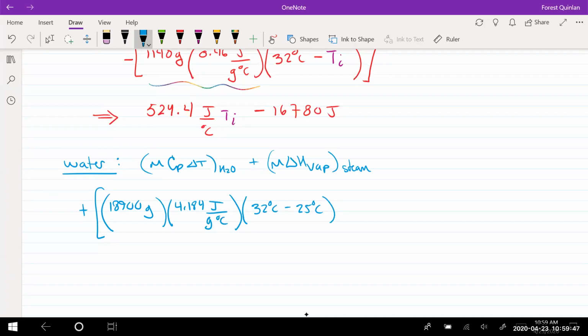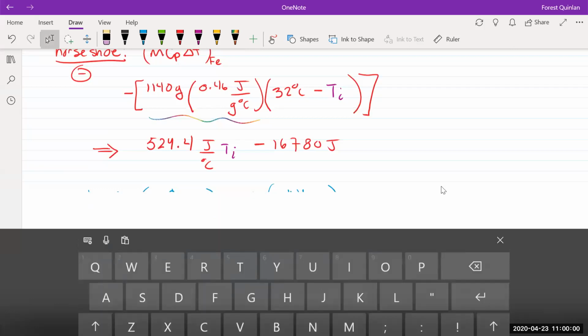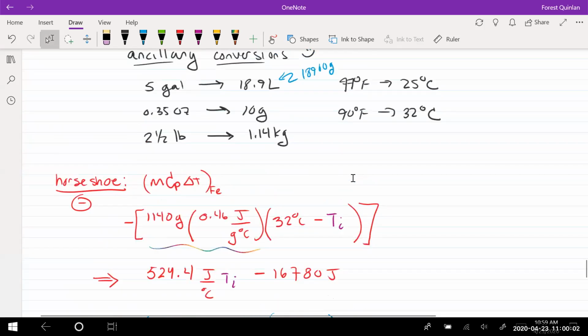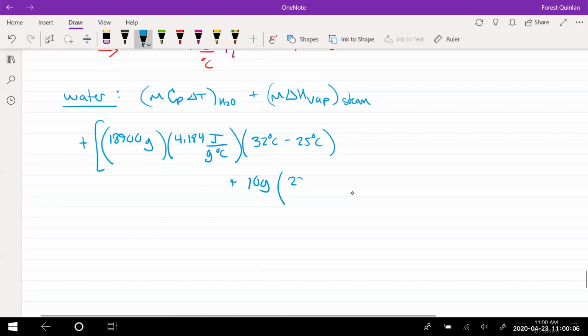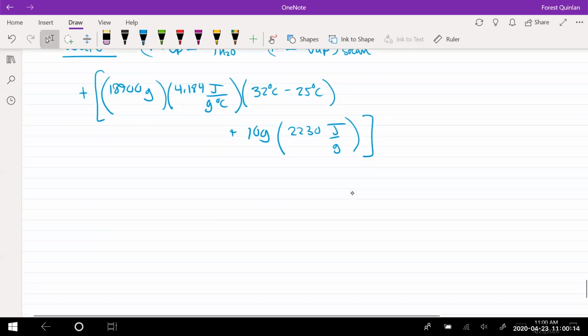So that one we already knew the beginning and end part. And now we need the steam, which we said was 10 grams, and our delta H of vaporization, sorry, which was 2230. All right, since all of that is numbered, what is that number?